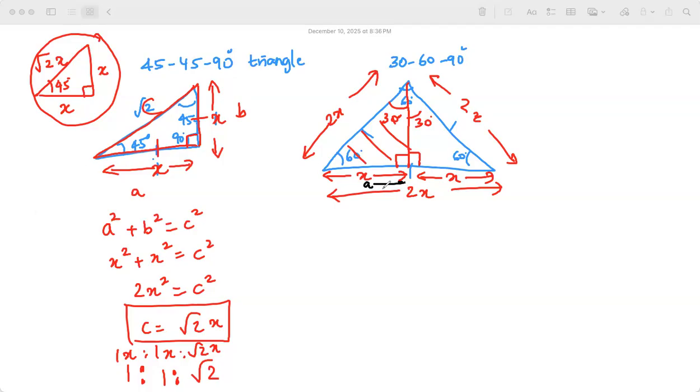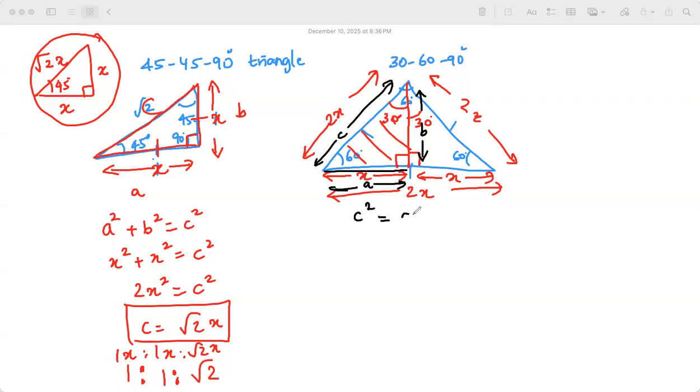So consider this as a, the two legs b and c. These are the legs. I need to find out the value of b here, one of the legs, because we know this is x, this is 2x. It's already given there.